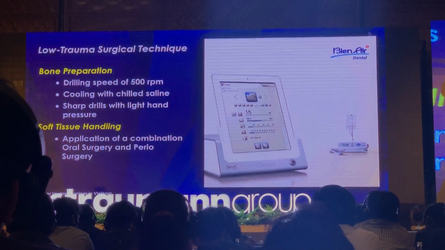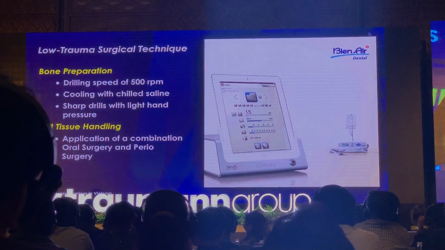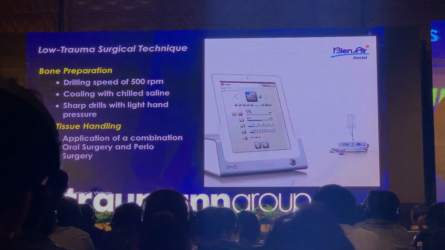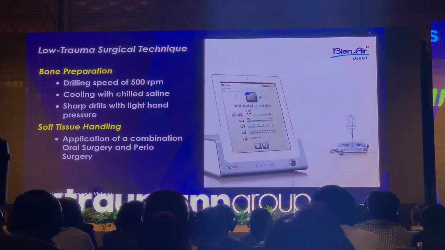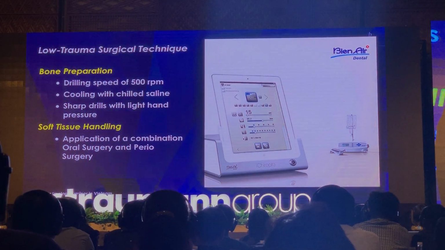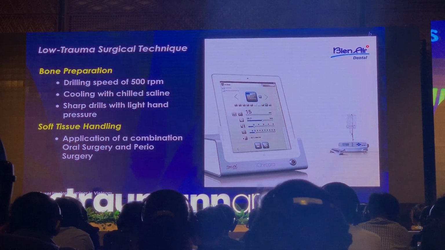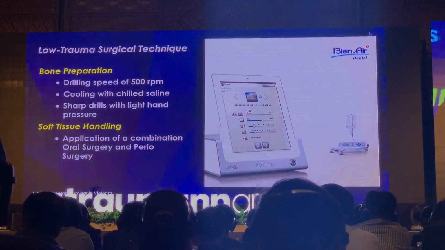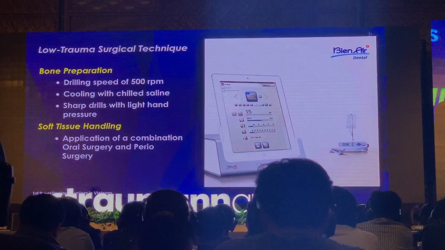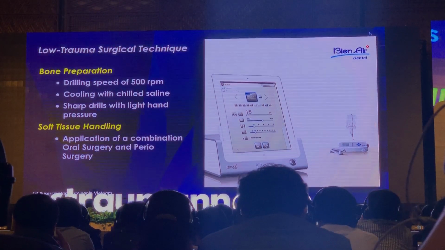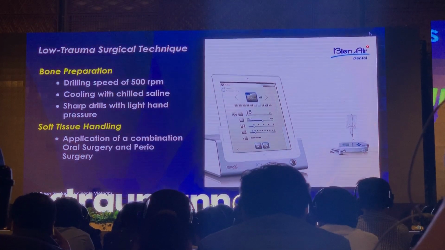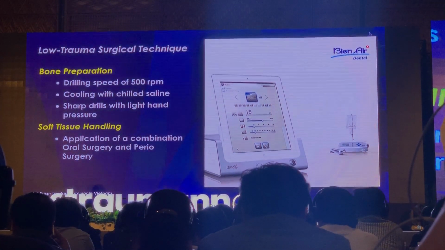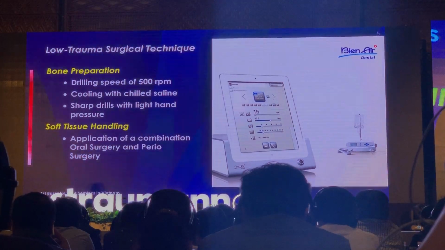We know 48 degrees is disaster. All the blood vessels get coagulated, and then actually there's no healing. But when you take 5 degree cooled sterile saline, the temperature of the bone goes from 36, 37 to 32, goes down. Very effective technique. And this can be done with this machine beautifully.